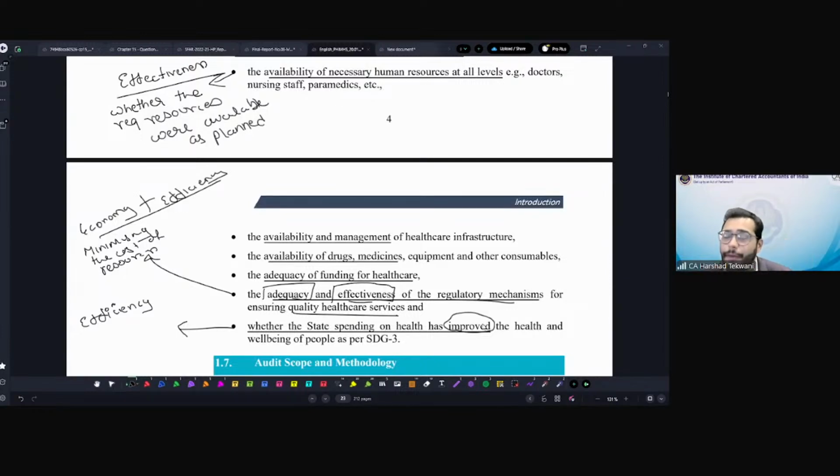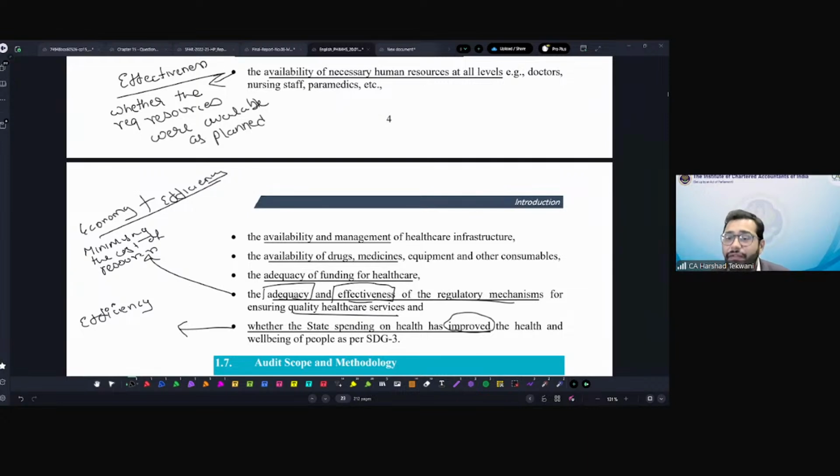Whether the spending has improved, whether the program was effective, that is effectiveness. And the third part is economy, whether the cost was minimized. That is the adequacy and effectiveness of the regulatory mechanism, and improvement of the state funding, again, talks about economy. That whether with the given cost they tried to minimize the cost so that they can save some amount without impacting the quality.